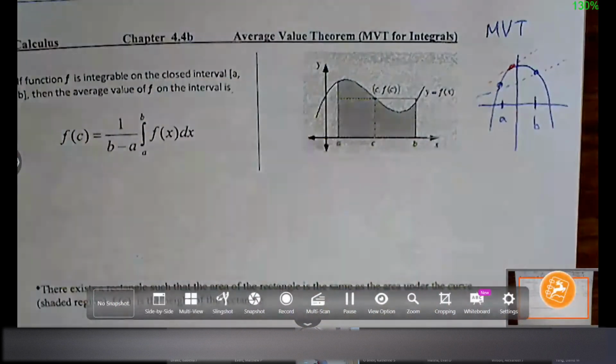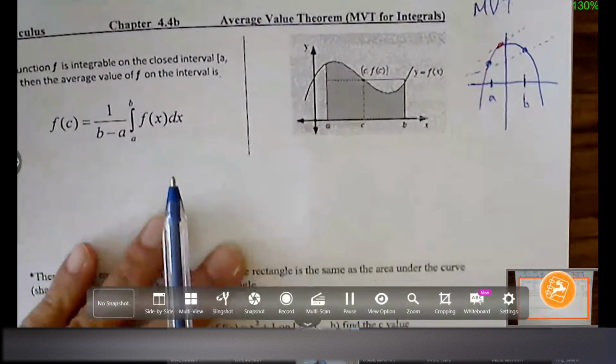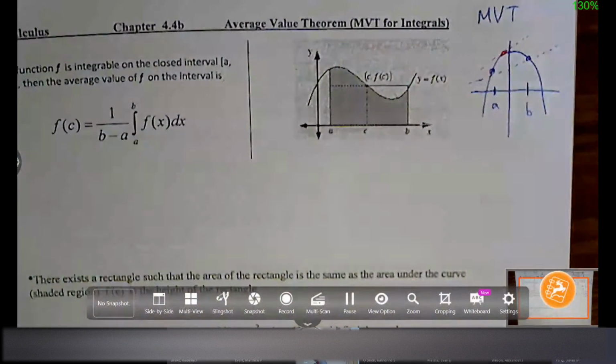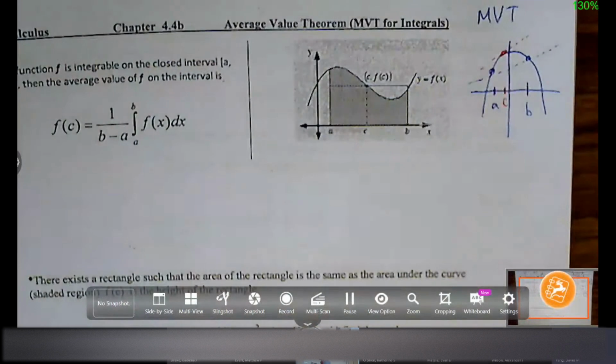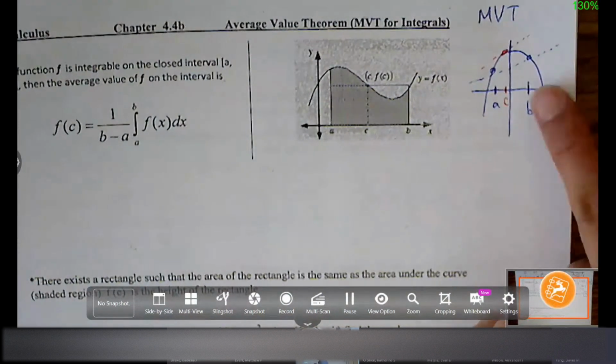As long as our graph is continuous and differentiable, with no jumps and no sharp turns, we're able to find the c-value, and we just have to make sure that the c-value falls within the interval. So we can guarantee a slope with the mean value theorem.